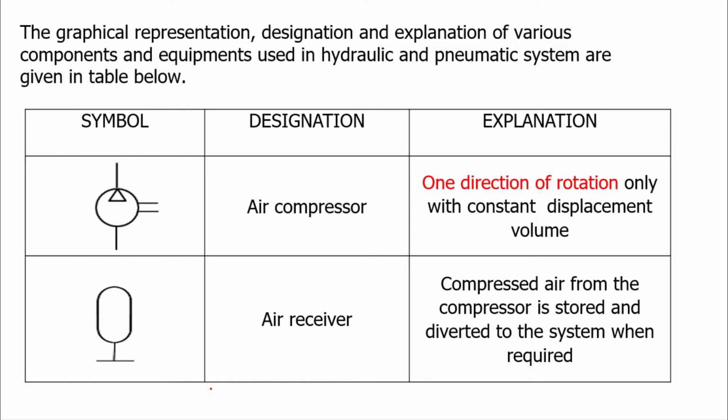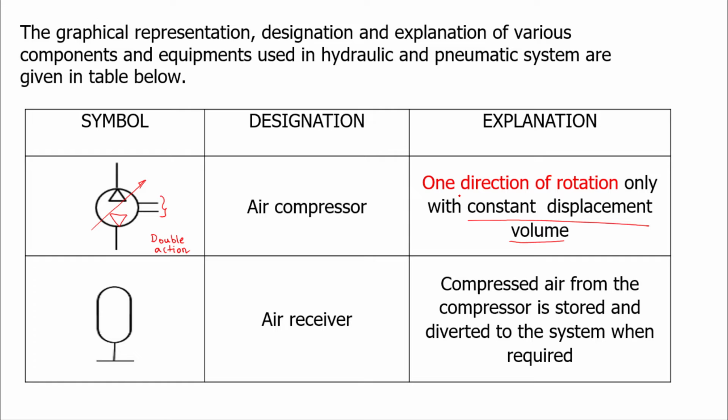To have a double direction of rotation, we add one more triangle over here. If we add one more triangle in a downward direction, that provides the double action. Now these two parallel lines indicate the constant displacement volume.